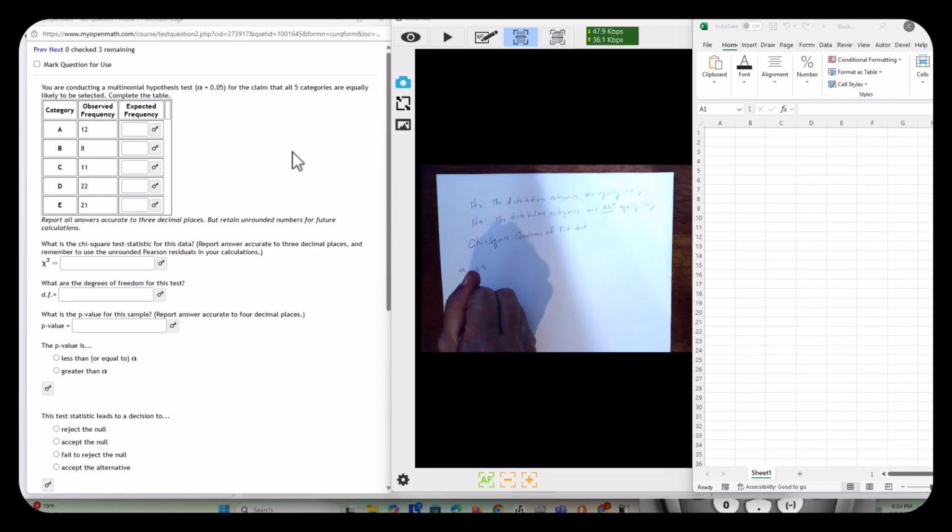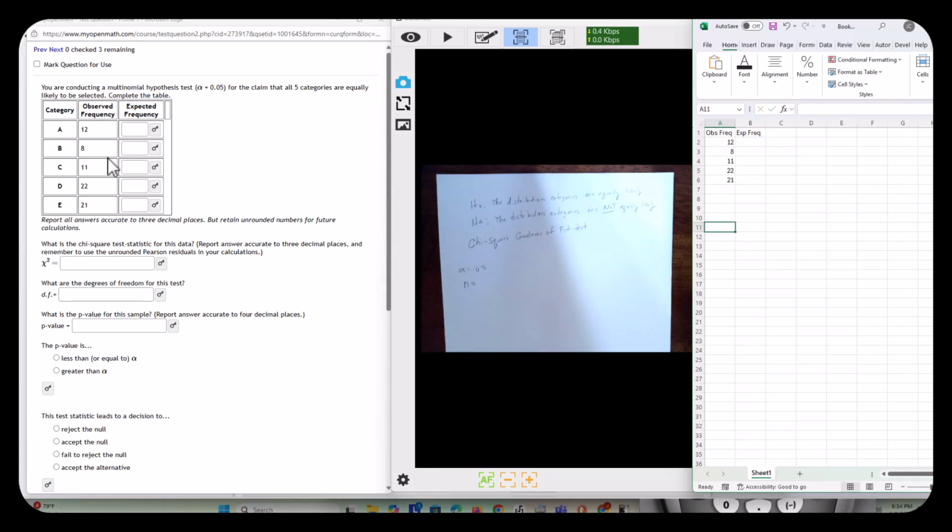We're going to use Excel to do this by way of StatDisk. So the first thing that I'm going to do is type these in: 12, 8, 11, 22, and 21.